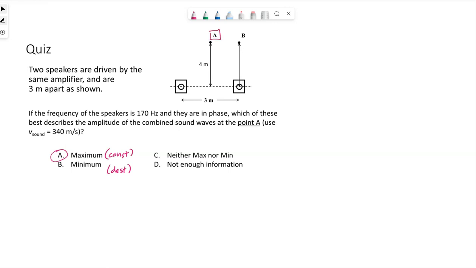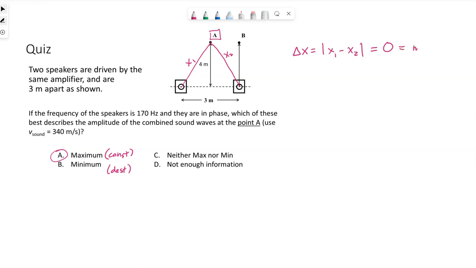At this point A, the sound waves travel the exact same distance. So x1 and x2 will be the same distance. Since delta x is the absolute value of the difference, that's 0.